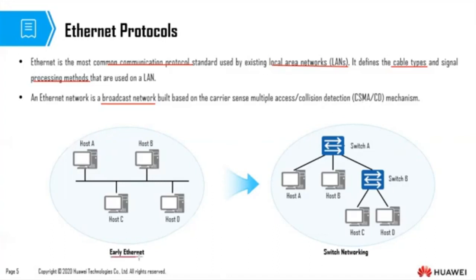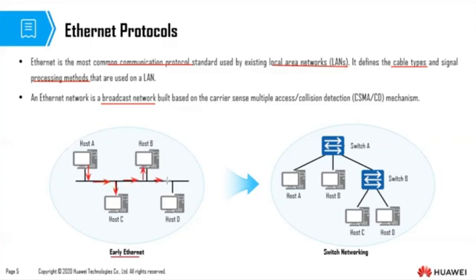Earlier Ethernet looked like that. Really, with the earlier Ethernet, it used the bus topology. It used the hub, whereby if host A is placing data on the bus, then everyone else is going to receive that data.